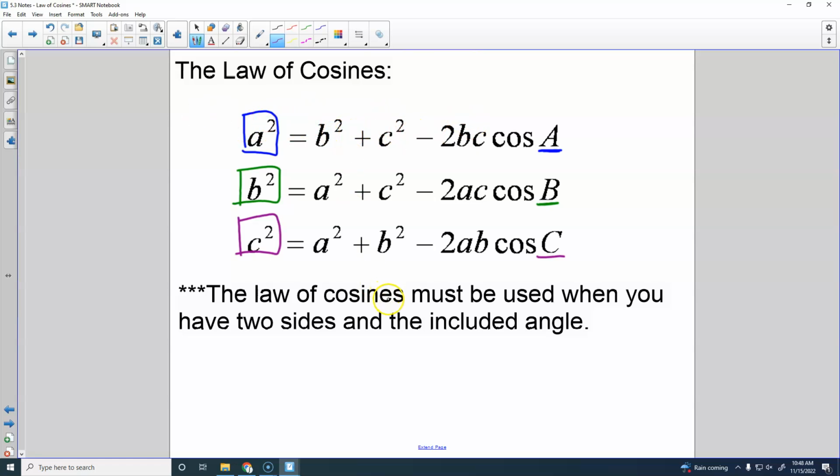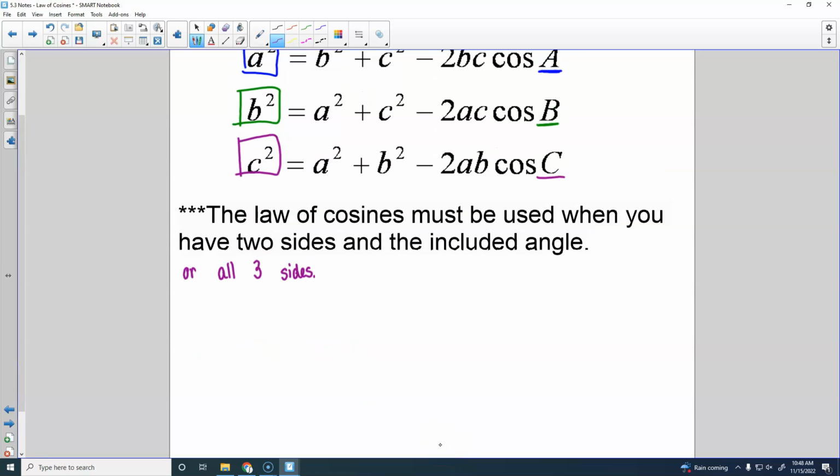So, law of cosines must be used when you have two sides and the included angle, and I don't know why I didn't put this before, or all three sides. So, two sides and the included angle would look like this.